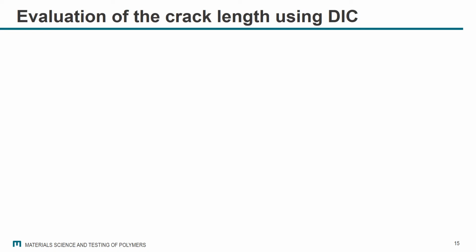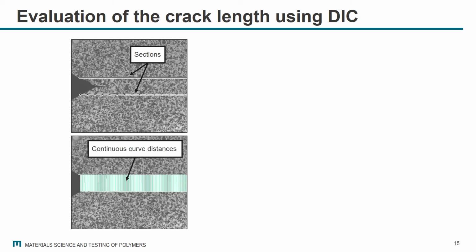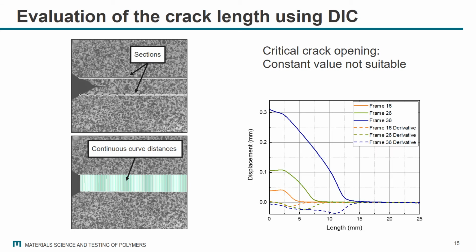The evaluation of the crack length using DIC. First of all, two parallel lines close to the initial crack tip were made, and the distance between these sections was measured continuously. As a threshold value which correlates with the crack tip, it was not possible to use a constant value, but a good correlation between the inflection point of the displacement and the actual displacement of the crack tip, so the crack advancement, was found.